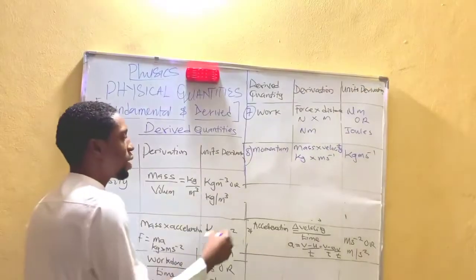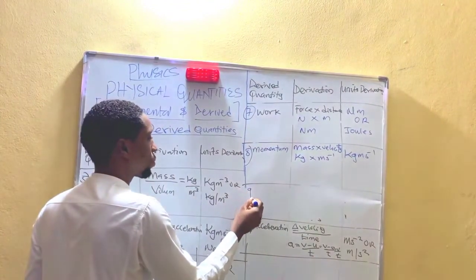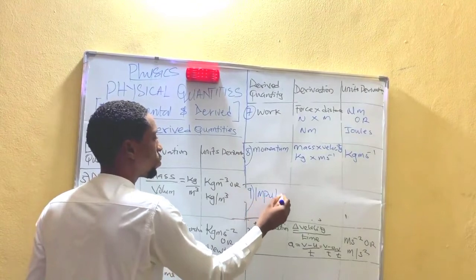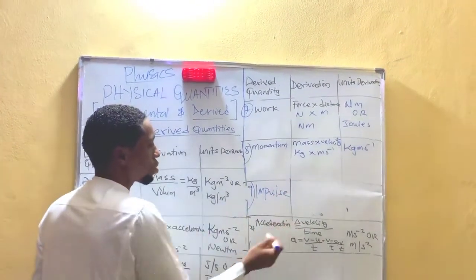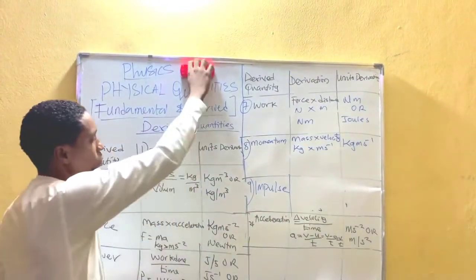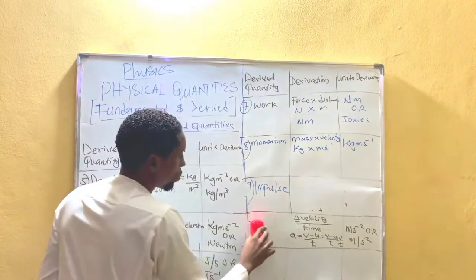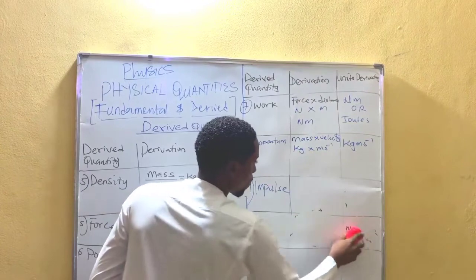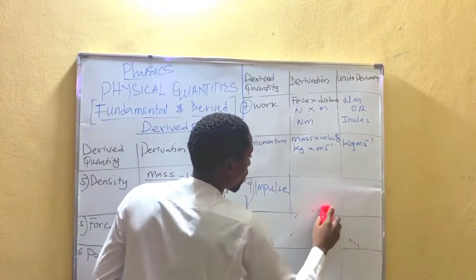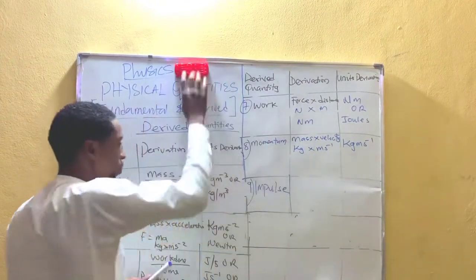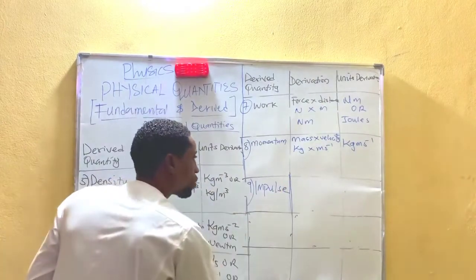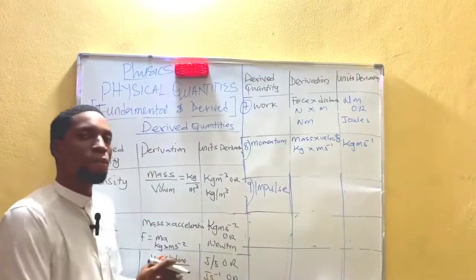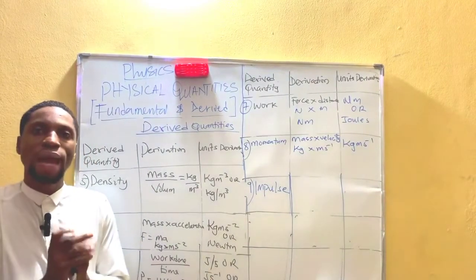Then we have number 9, impulse. Impulse is the product of force and time.